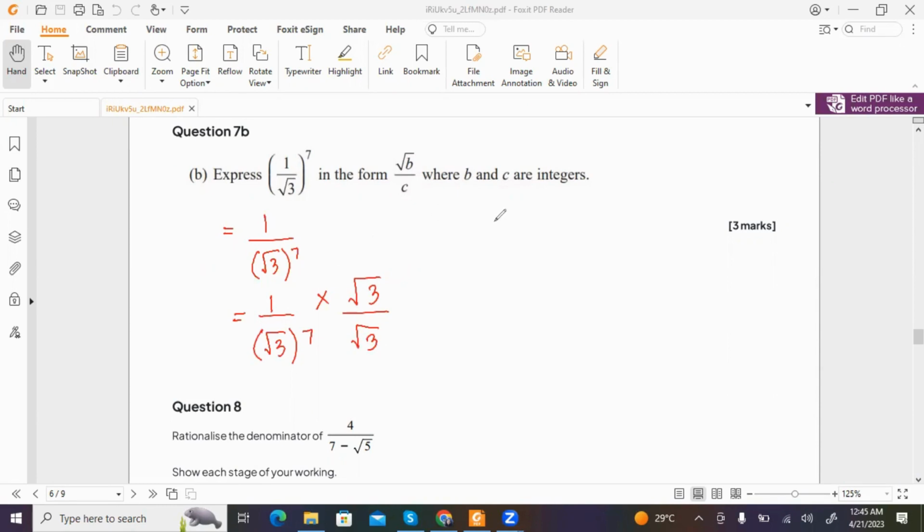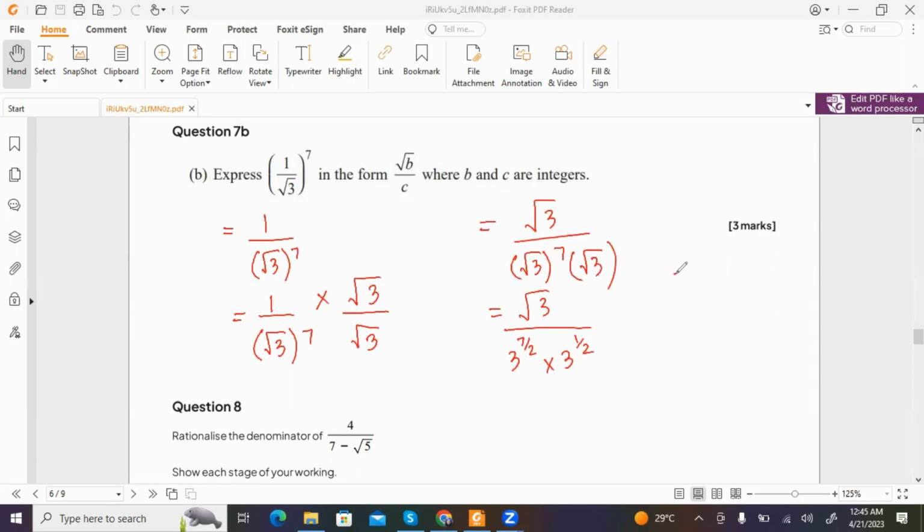When you multiply this by root 3, we get root 3 over root 3 whole power 7 times root 3. If you remember your rules of indices, root 3 whole power 7 is basically 3 to the power of 7 over 2, and root 3 is 3 to the power of 1 over 2.